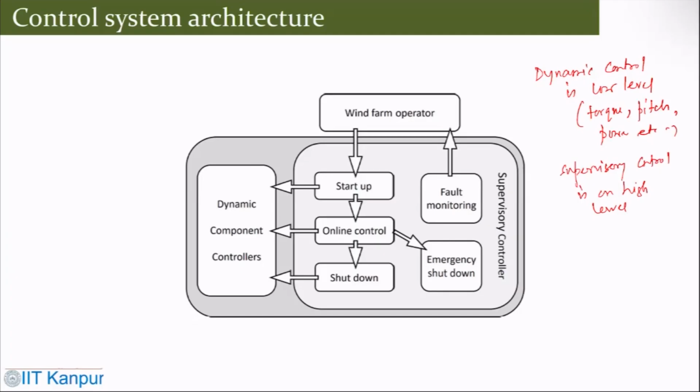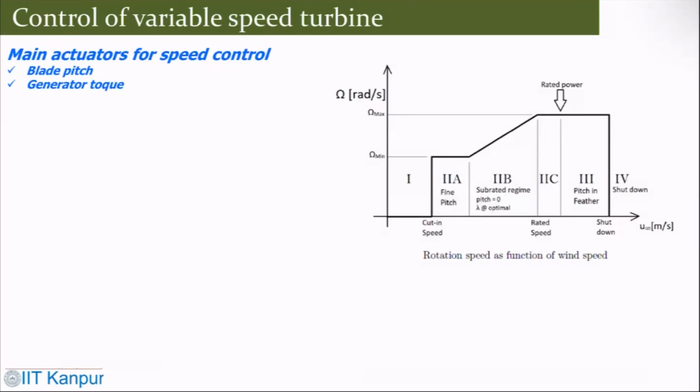Now, how do we control a variable speed turbine? We have main actuators for speed control, that is blade pitch and generator torque. Here is the rotation speed as a function of wind speed, and it is broken down into different segments: cut-in speed, rated speed, shutdown speed, and then rated power.